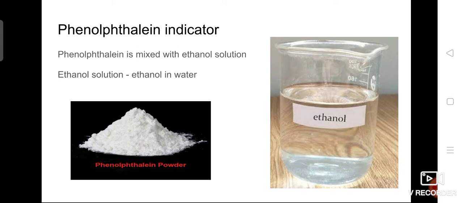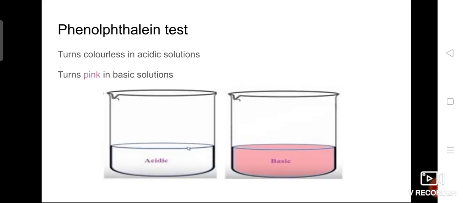Now how are we going to perform the test? That is the next question, isn't it? How does the solution react with an acid or a base? It's very simple. If you add phenolphthalein indicator to an acidic solution, it turns colorless. When it is added to a basic solution, it will change into pink color.